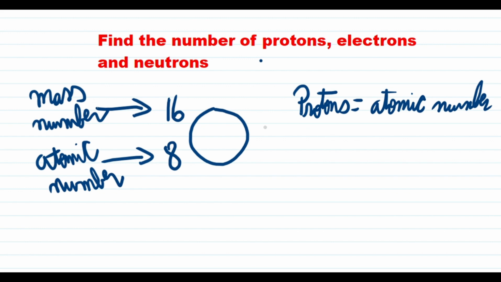The number of neutrons, I'm sorry for my handwriting, is equal to the difference between the mass number and the atomic number.